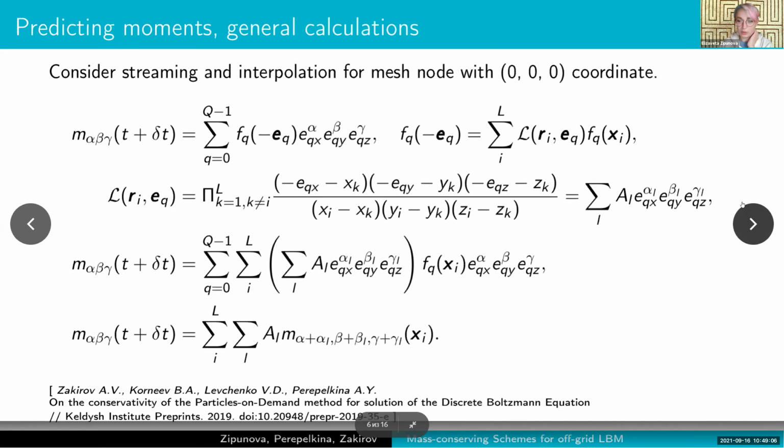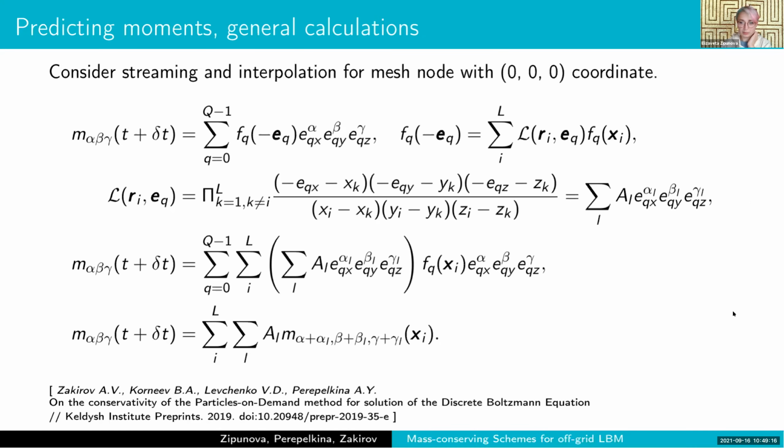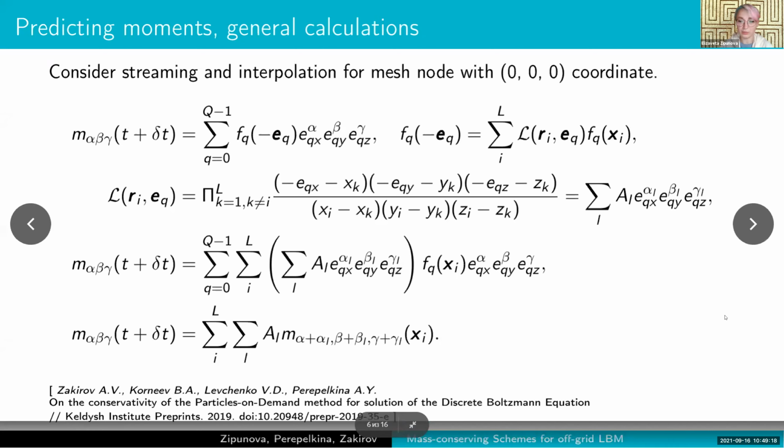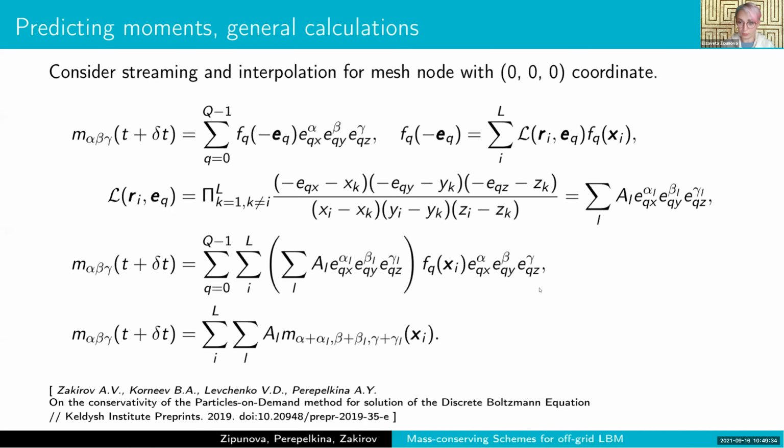So if we collect all the sums needed to calculate moments at the next time layer, open the brackets and sum over all quadrature points, we'll have an expression with which we could predict future values of moments using current values of higher order moments in nodes of the interpolation stencil.